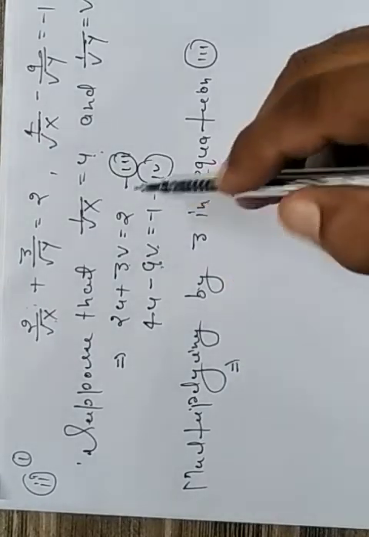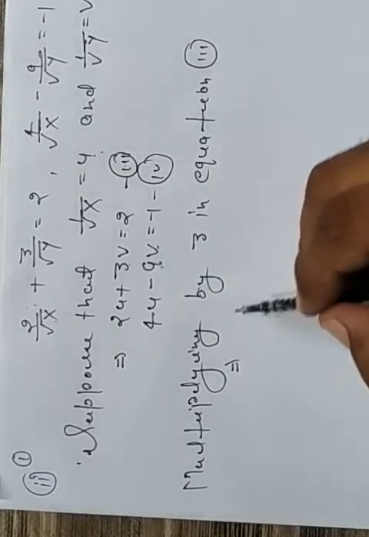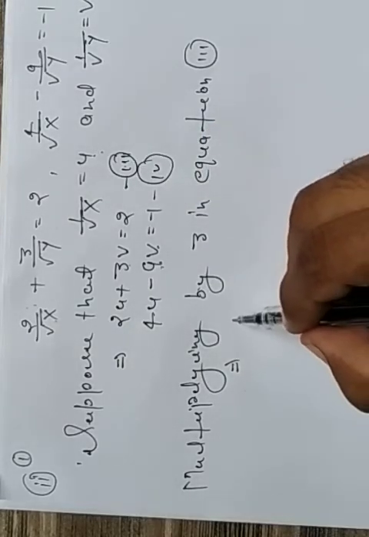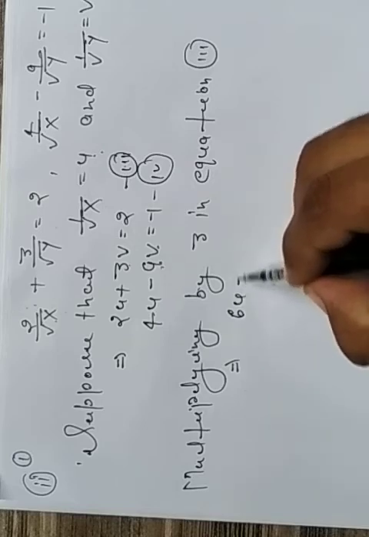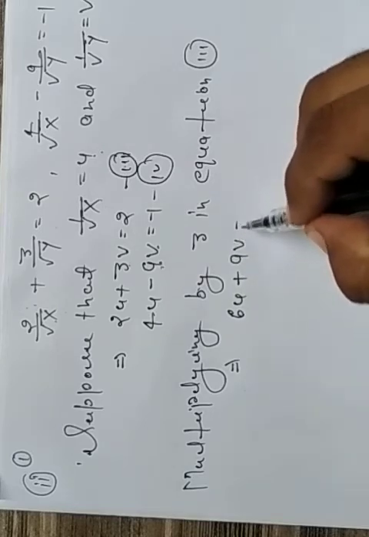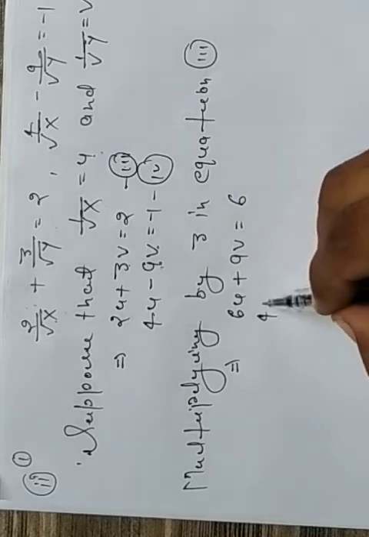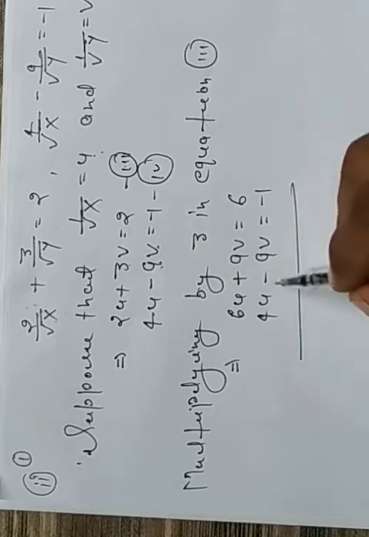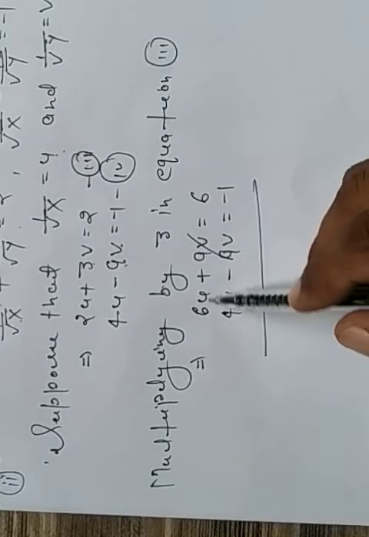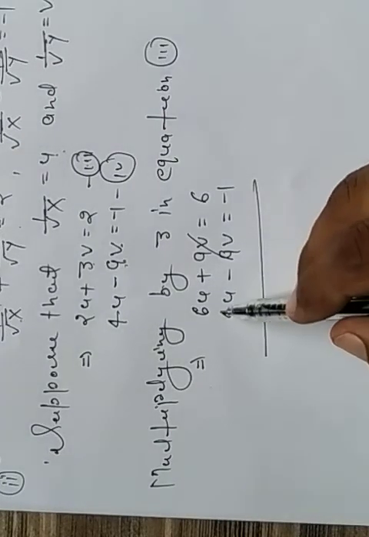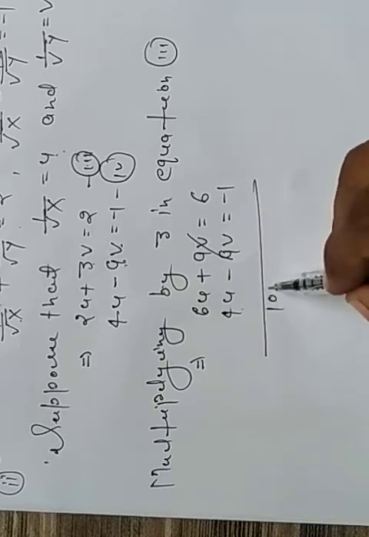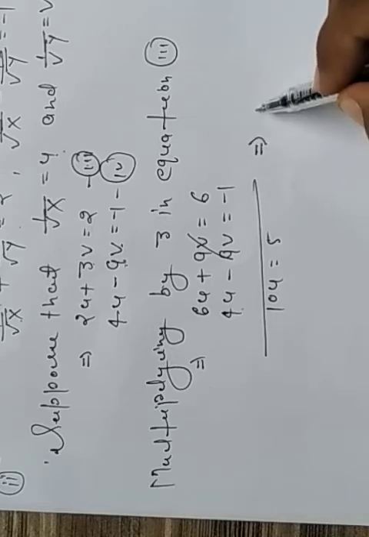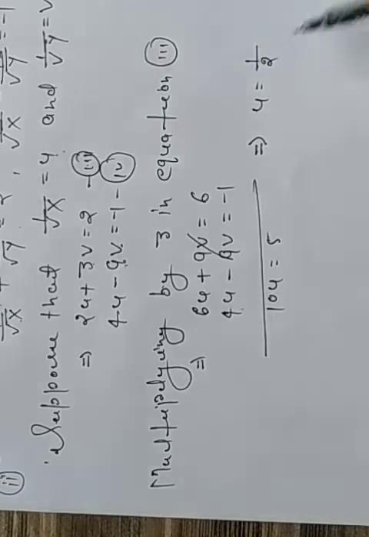What are we getting when we multiply by 3 in equation 3? Then we are getting 6u plus 9v is equal to 6, and 4u minus 9v is equal to minus 1. Now plus minus cancel. 6u and 4u, 10u is equal to 6 minus 1 is equal to 5, implies u is equal to 1 by 2.